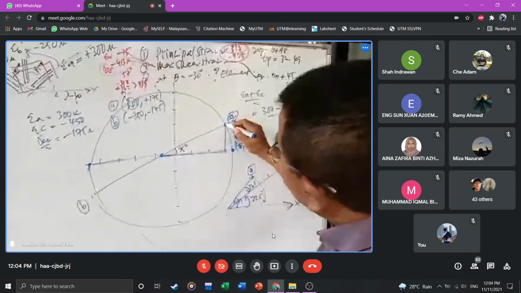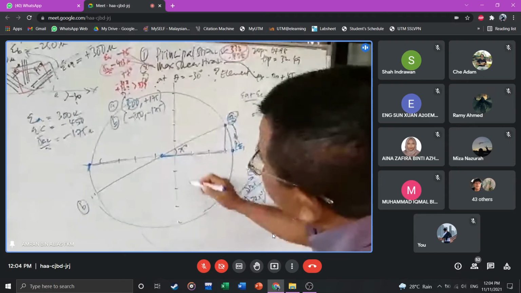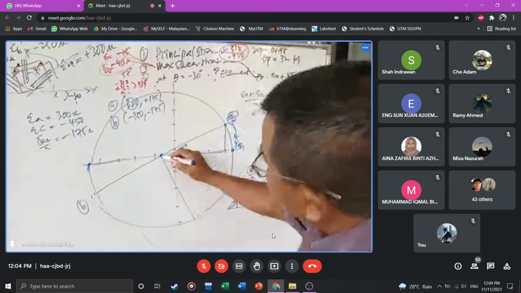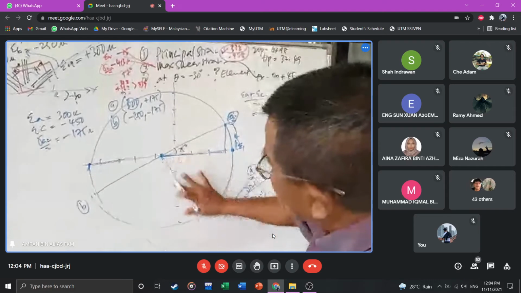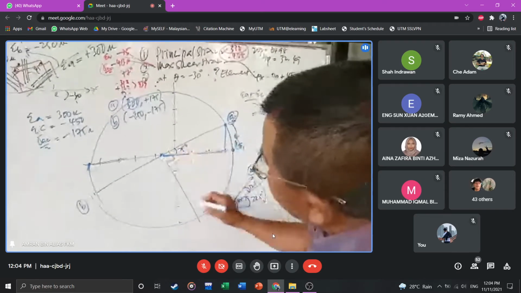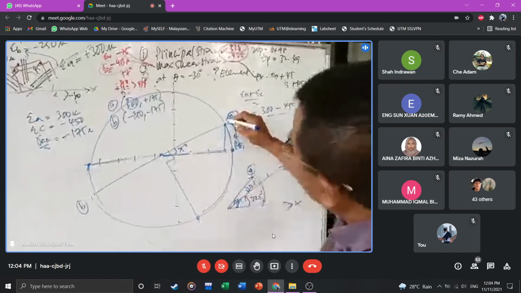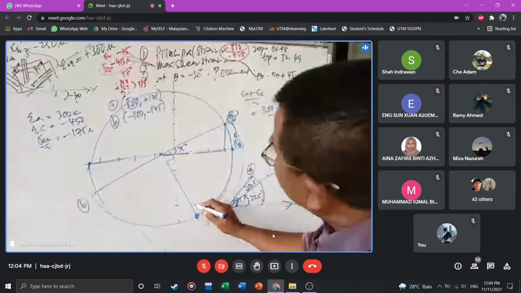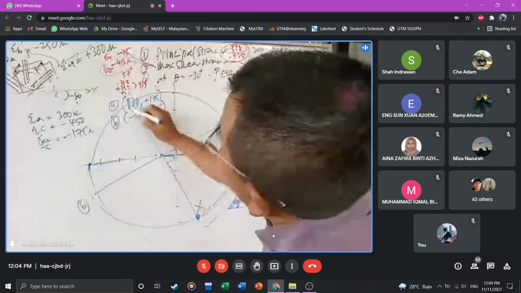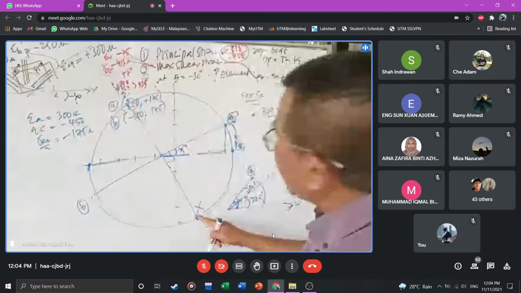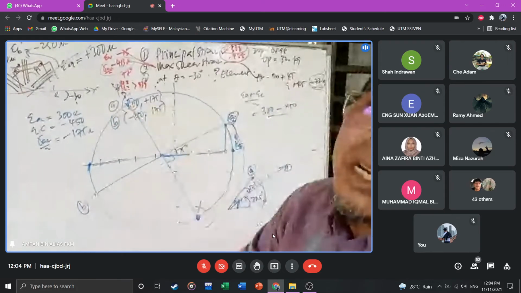So, X is clockwise from A, 90 degrees. See that? This is 90 degrees, right? 45 degrees from A to X. So that must be X there. That must be Y there. So you can always find your X value and Y value, same as the original one.